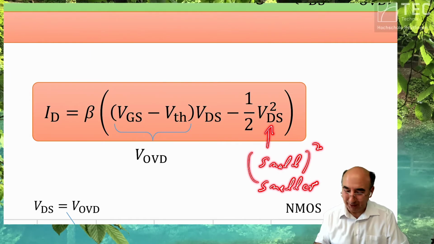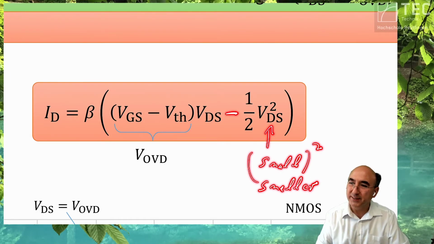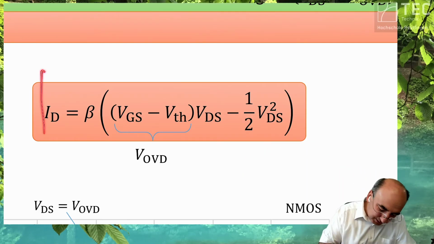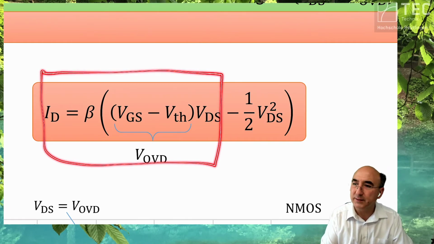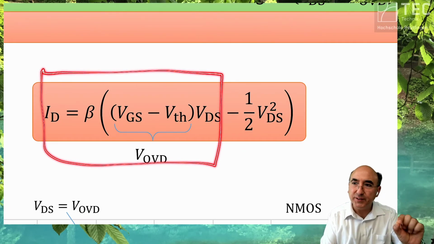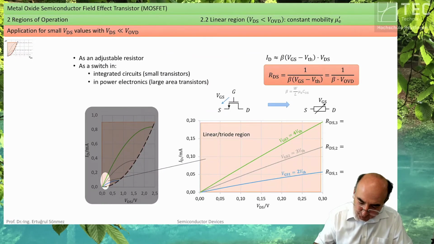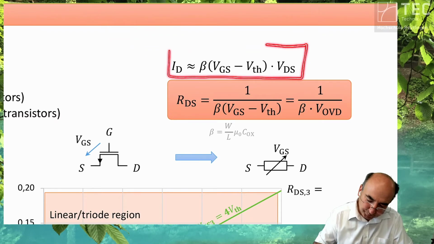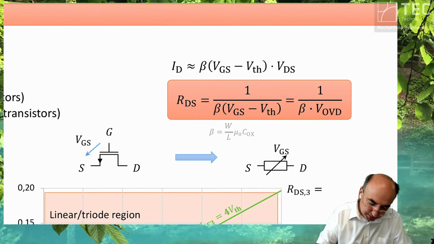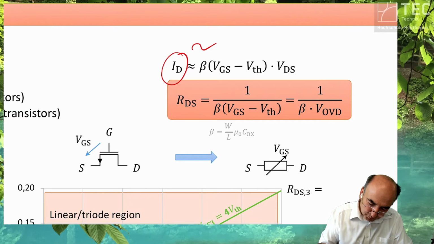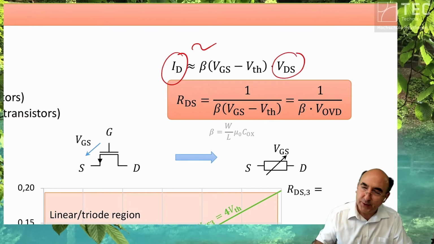And the smaller value, which is taken minus, I neglect, and say the rest is remaining for very small drain source voltages. And this part I have copied to here. And now you see the drain current is proportional to the drain source voltage.